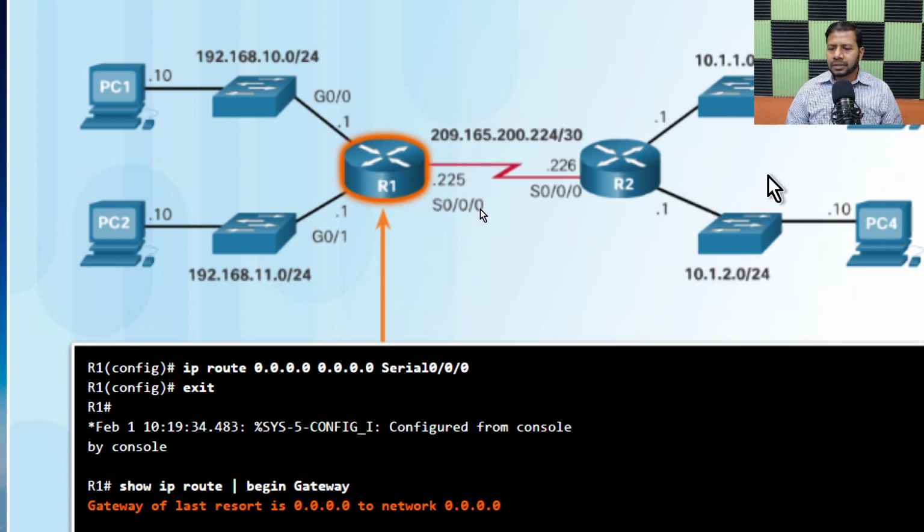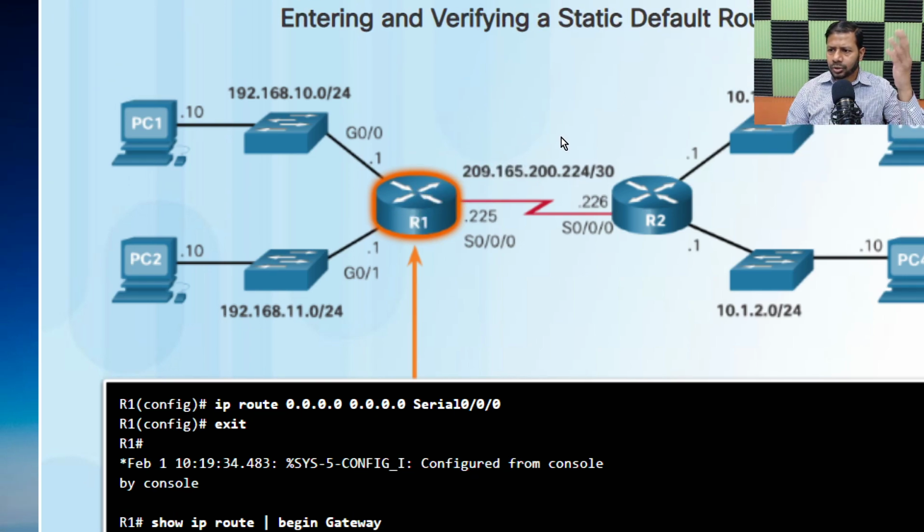Now, if somebody is sending a packet to these networks, then I know where to send because they are connected to me. But if a packet comes to me that has to be sent to a far away network, many other networks in the world that I don't know, what do I do with that?